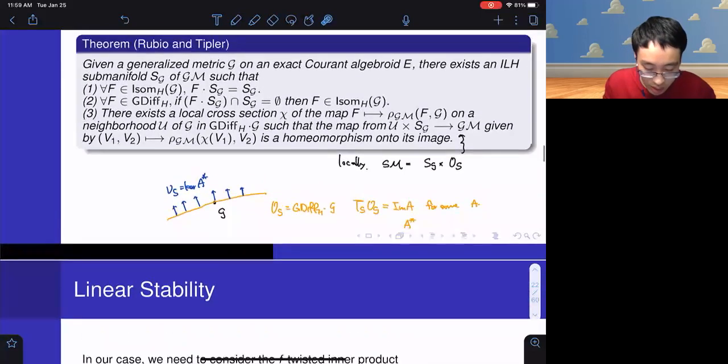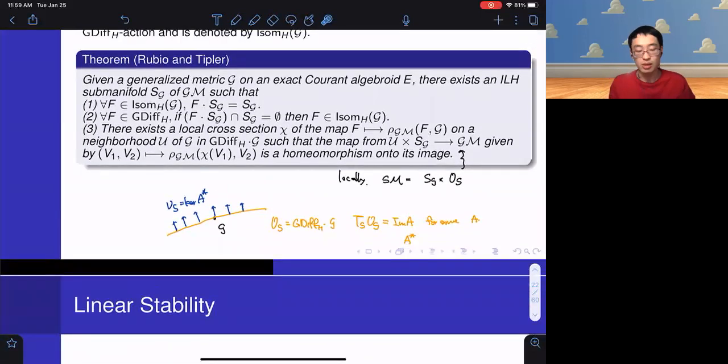Okay, but in our case, we cannot apply their result directly, because in their proof they compute the A star operator, and this is related to the L2 inner product they use. But in our case, we consider the F value, so it means that we will use a different L2 product.